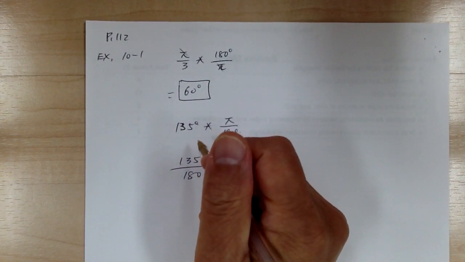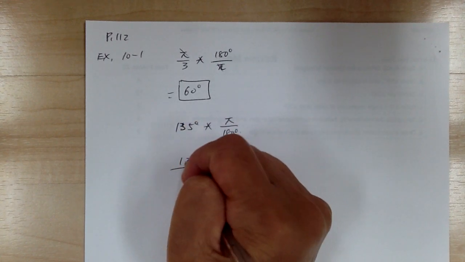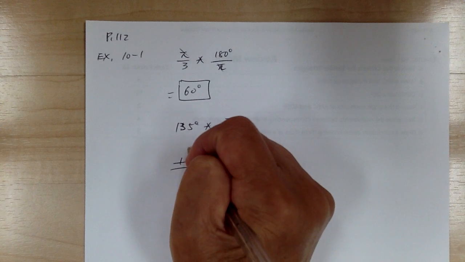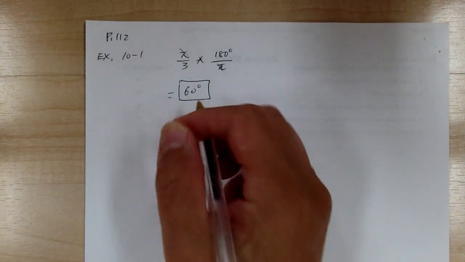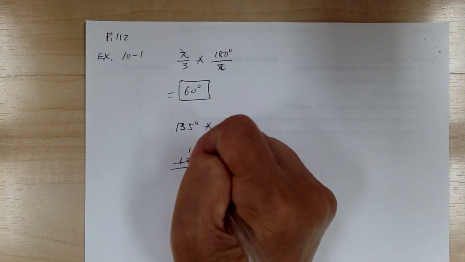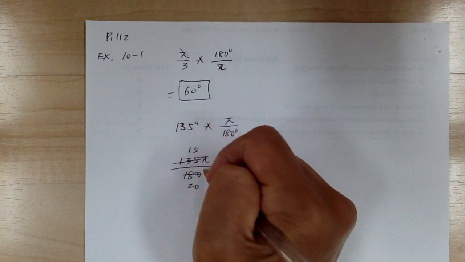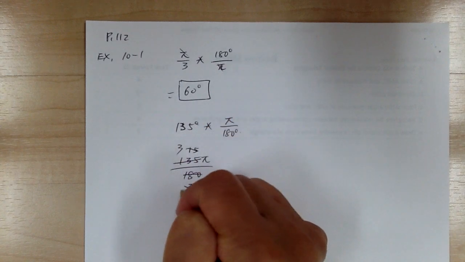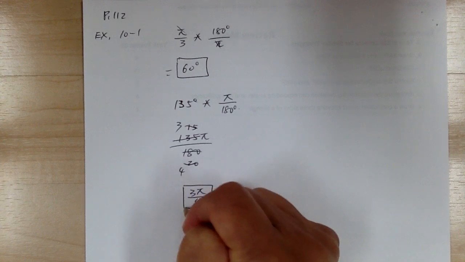Then you reduce: this is divisible by 9, so divide by 9, and you get 15 over 20. Then divide by 5, so it will be 3 over 4. So this equals 3 pi over 4.